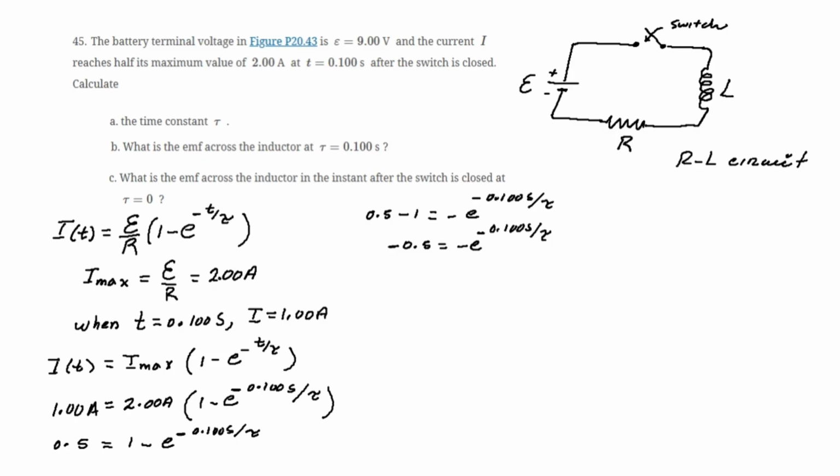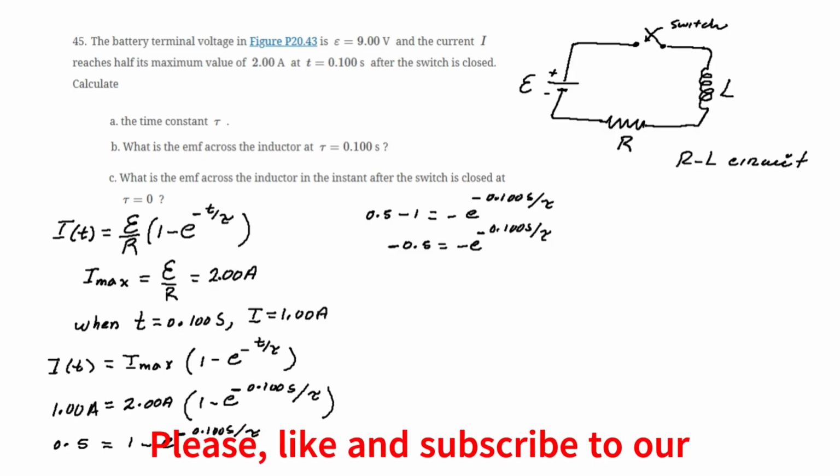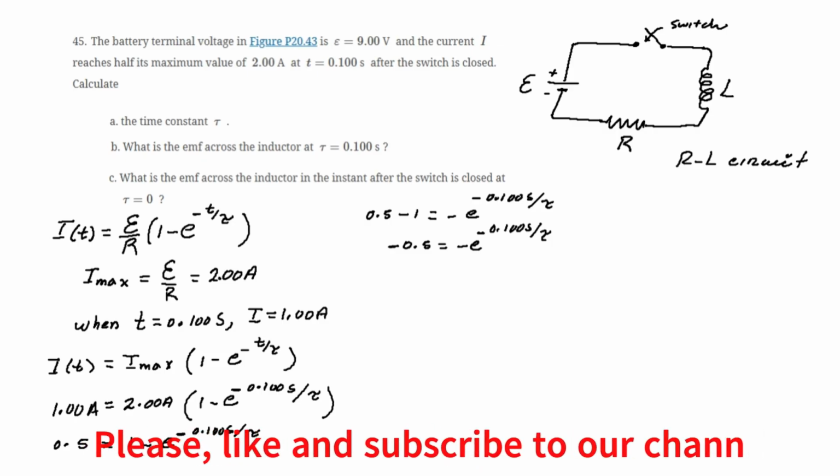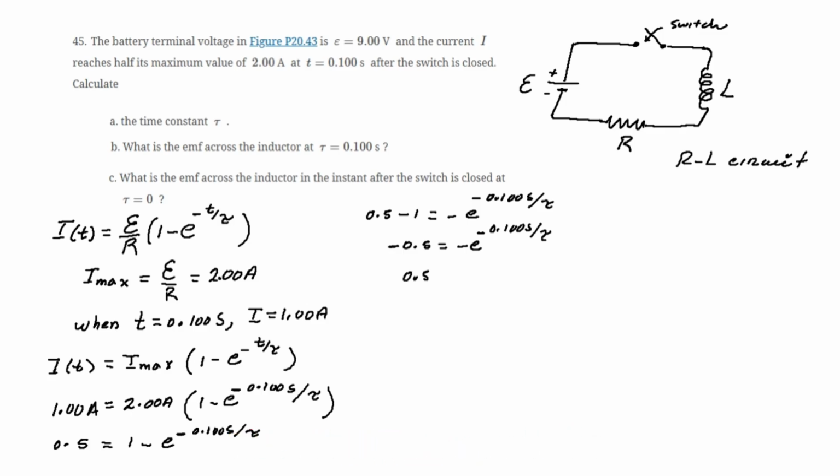Multiplying both sides by negative 1, we get 0.5 equals e to the power of negative 0.100 seconds over tau. I now apply natural logarithm. The natural logarithm of 0.5 is equal to the natural logarithm of e to the power of negative 0.100 seconds over tau.